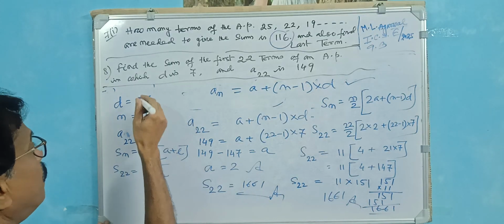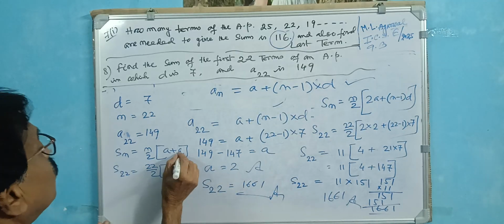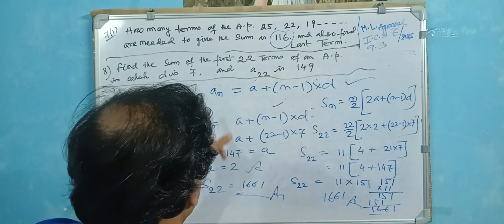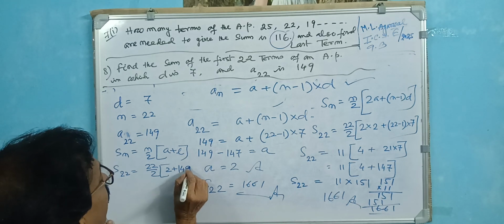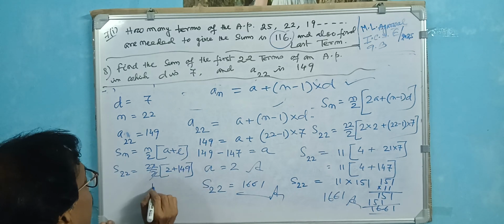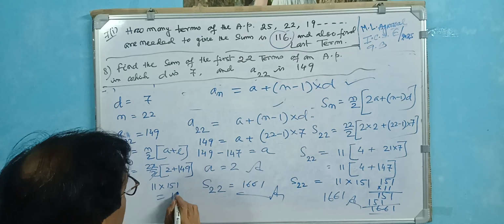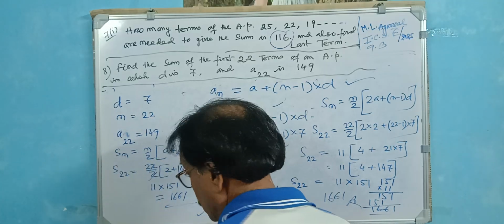And what is the value of a? You get a is 2. And what is the value of l? l is the last term, a22, which is 149. Cut off 11, very easy, and this is 151. That is 1661. You can solve in this way also.